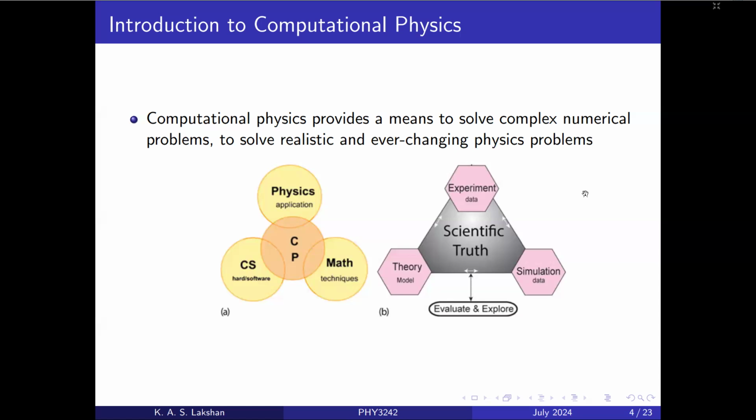So you have computational chemistry and computational biology. Likewise, there are several other branches in the same way, but the main scientific concept is different in those conditions.